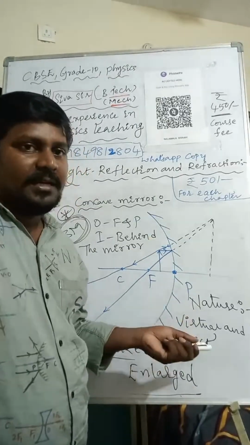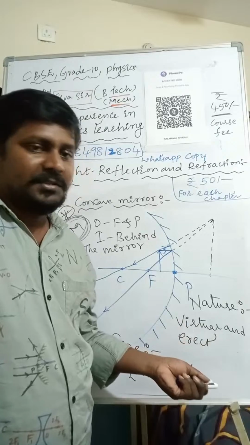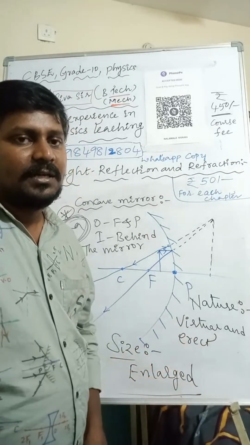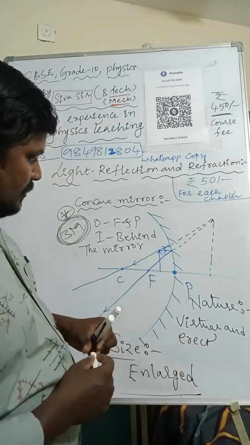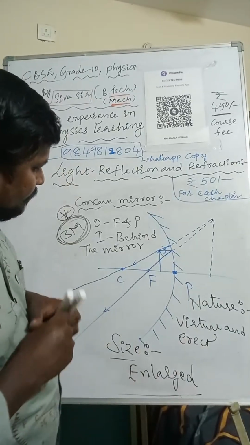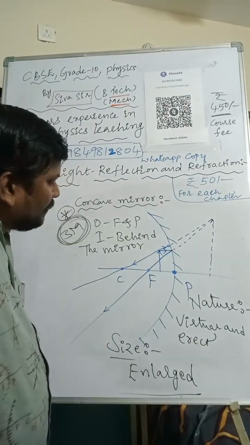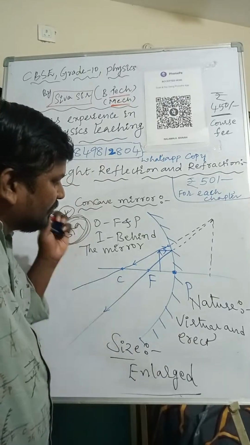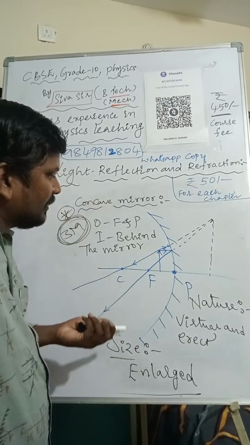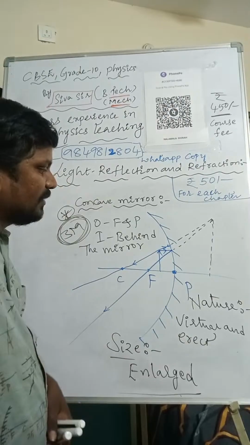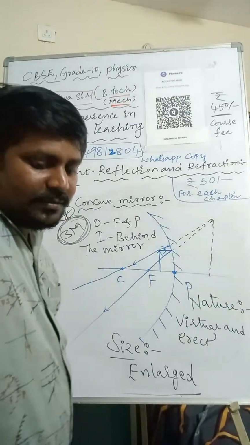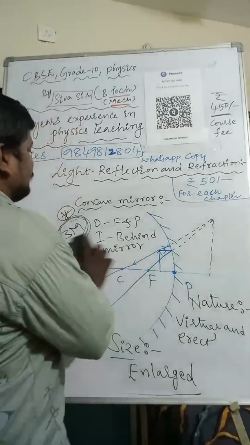Nature is virtual, erect and enlarged. If the object is placed at F, the image will form at infinity. Nature is real, inverted and enlarged. We discussed that one. Okay, done. Next one.